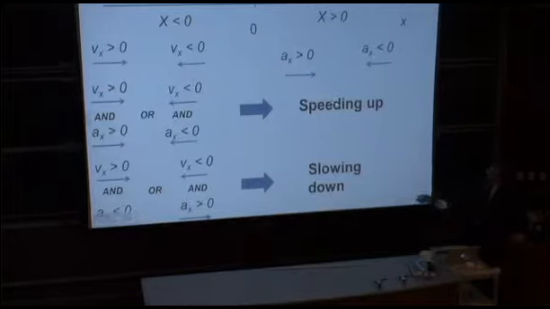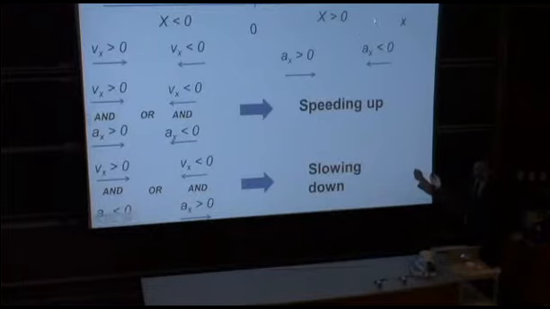And this summarizes everything related to directions. So we have an axis, and the positive x direction, let's say, points to the right, which is the most common situation. So there's 0. If the x coordinate is negative, it means the object is to the left of the origin; positive, to the right of the origin. If the x component of velocity is positive, that means velocity points to the right.